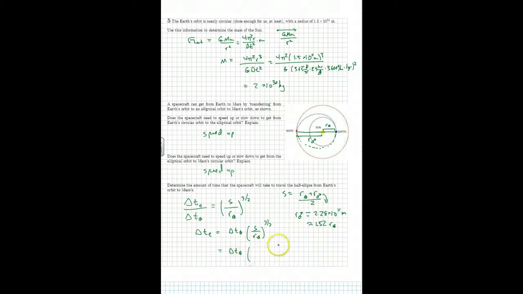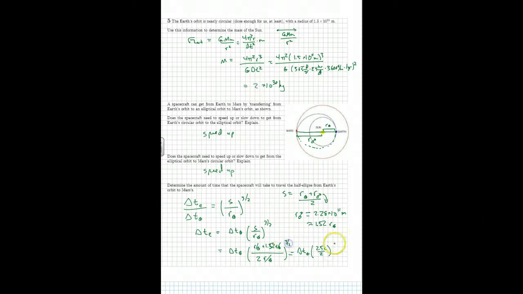So I'm looking for this sum, that's Earth's radius plus 1.52 Earth's radius, over 2, over radius of Earth. So the Earth's orbital radius cancels out. And that's Δt Earth times 2.52 divided by 2.